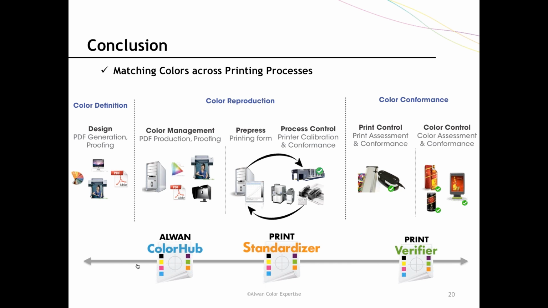This information today can be made available by the print buyer to the printer, or by the printer to the print buyer using the Alwan job color ticket, which allows each party to define exactly what are the intended colors and what is the actual printing process that is supposed to reproduce these colors.